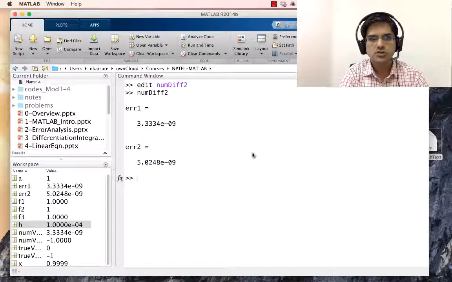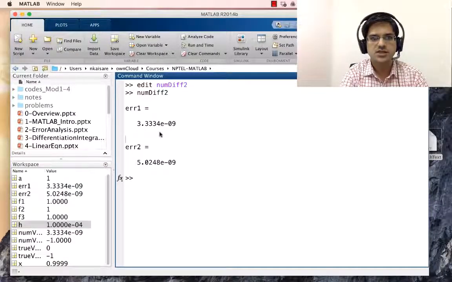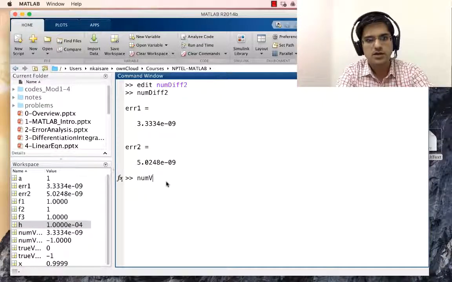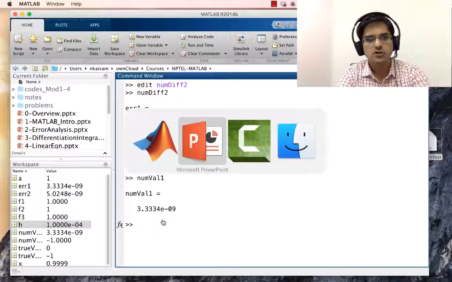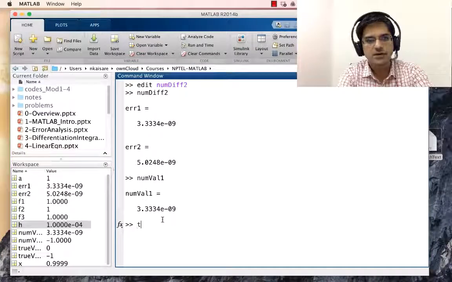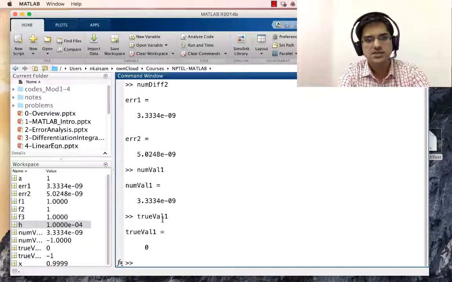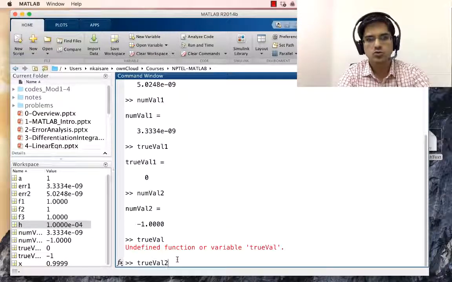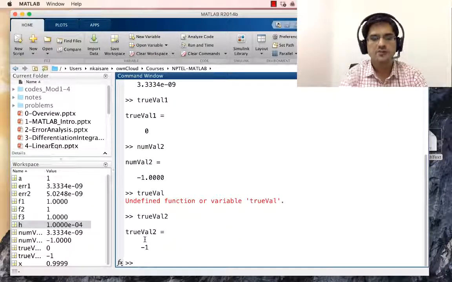Okay, so we get ERR1 is 3 into 10 to the power minus 9, ERR2 is 5 into 10 to the power minus 9. If we check numVal1, that is 3 into 10 to the power minus 9, when we expect Trueval1 as 0, numVal2 is minus 1, and we are expecting Trueval2 also to be equal to minus 1.